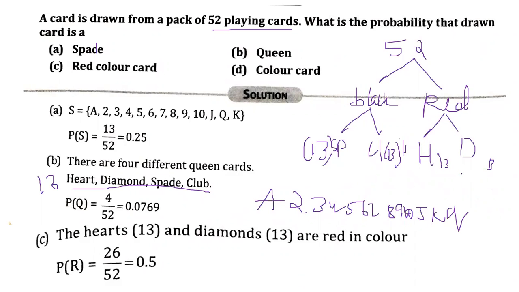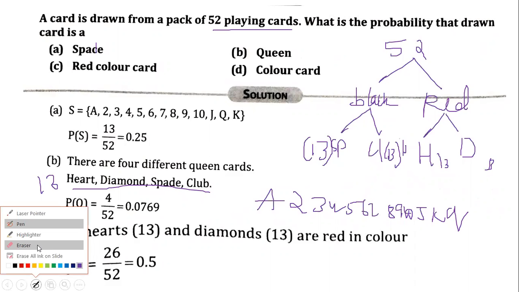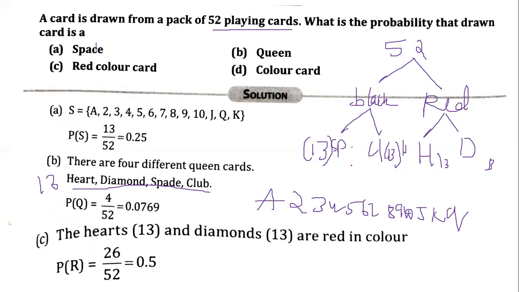Now today they are asking us what is the probability of drawing a card. Randomly I will pick a card from 52 playing cards, and what is the possibility of me getting a spade? Spade is something like this, an upside-down heart with a stand.